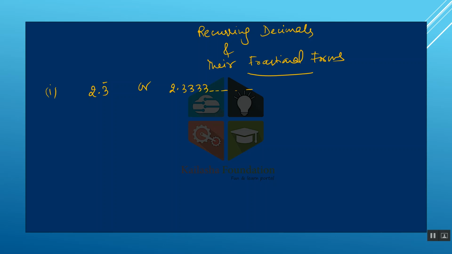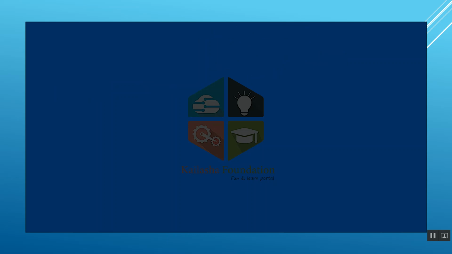What is this? It is a recurring decimal. Recurring decimals are those in which a particular digit or set of digits starts repeating after the decimal point and never stops. That means the number of decimal places is infinite. So now it is the need of the hour that I must tell you what infinity is.